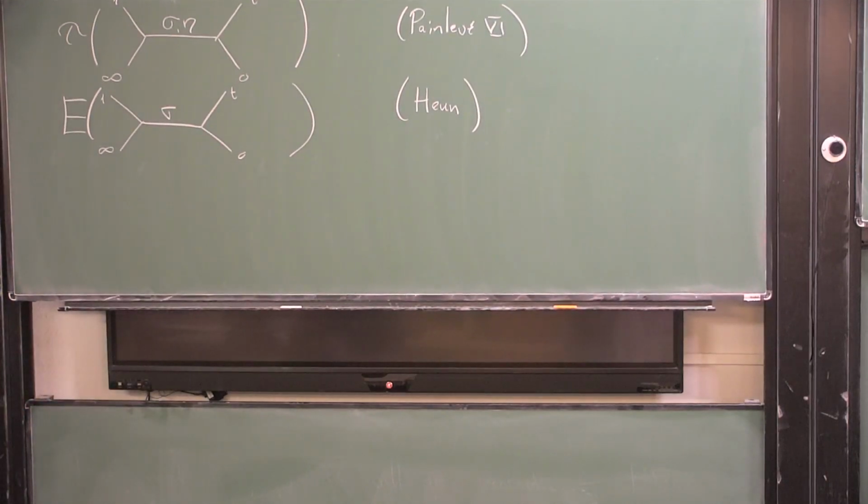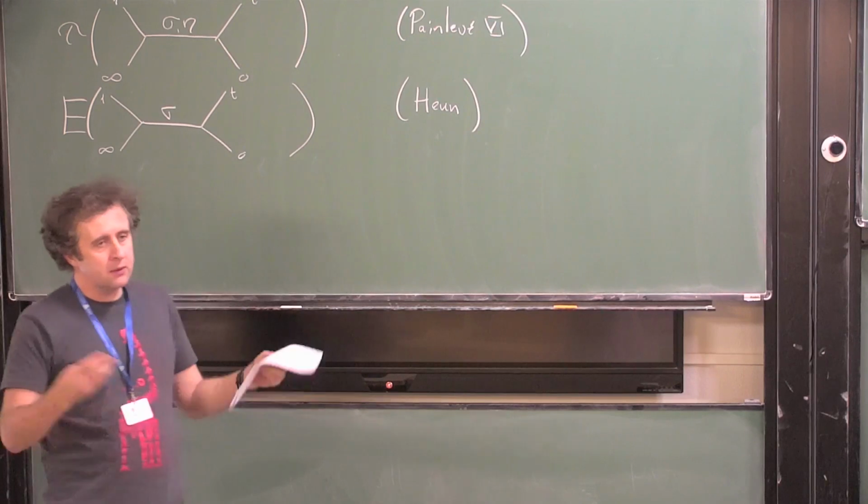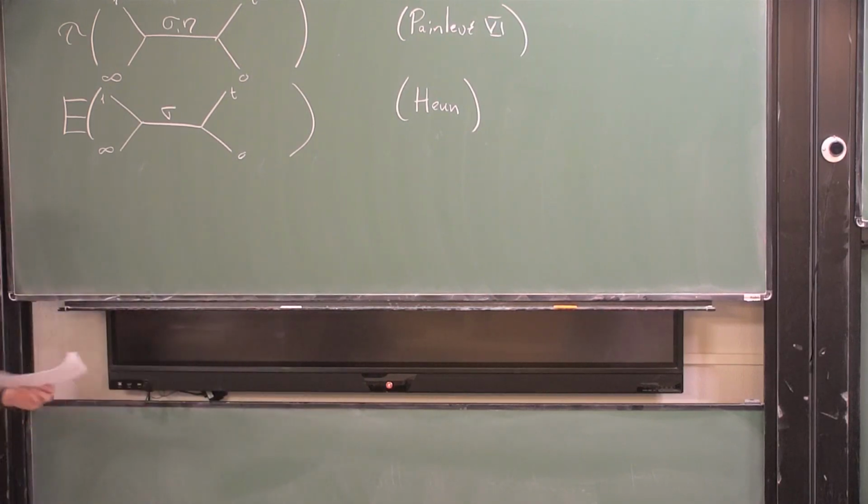So the main idea has been already outlined in the talk by Alessandra. So basically what I'm going to do is to provide maybe more details. And also, if time permits, I will try to explain how the CFT predictions for these functions can be proved using Riemann-Hilbert technique.